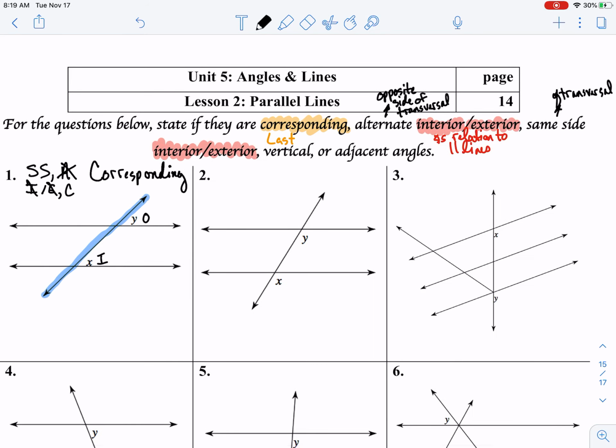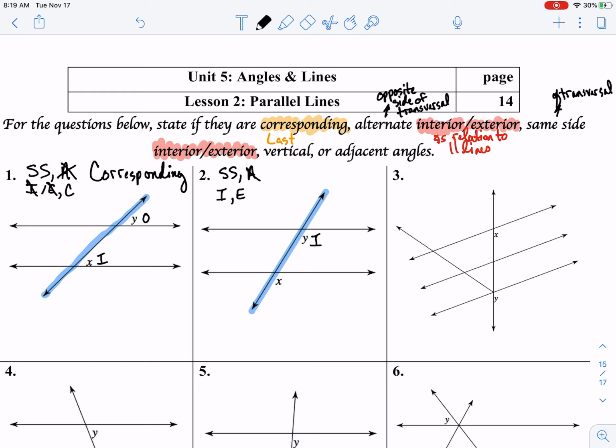All right, so number 2, same side or alternate, and then interior, exterior. Again, highlight my transversal. It's the line that touches. They're on the same side, so they're not alternate.